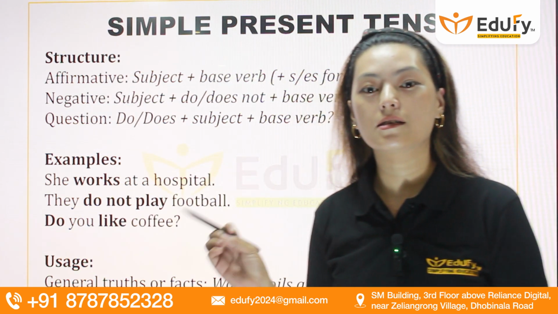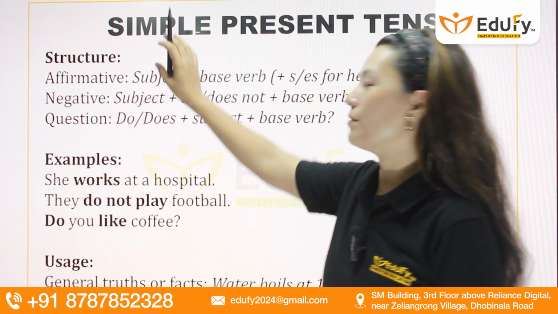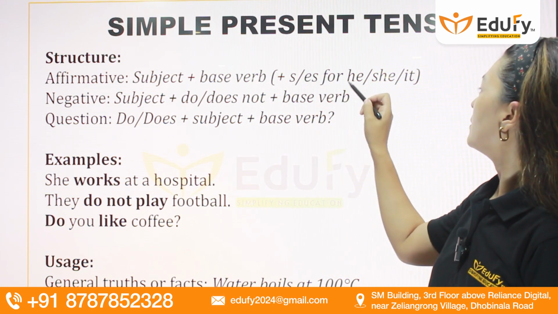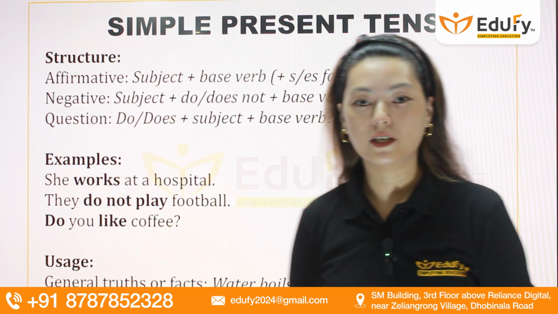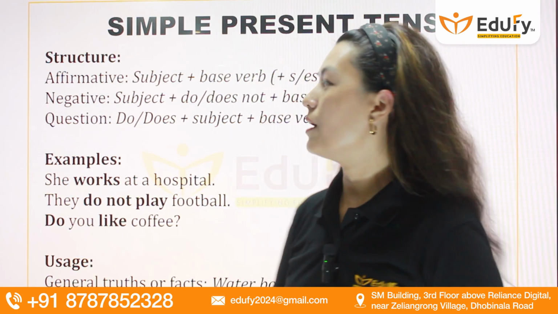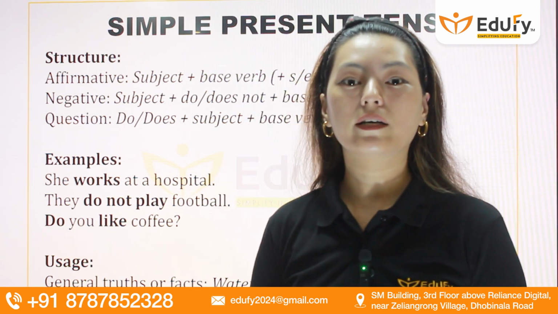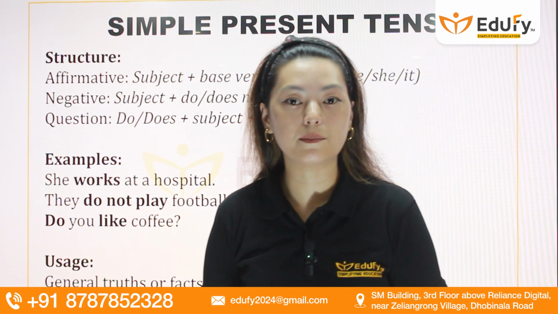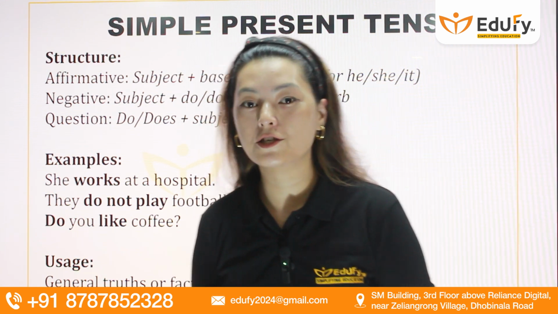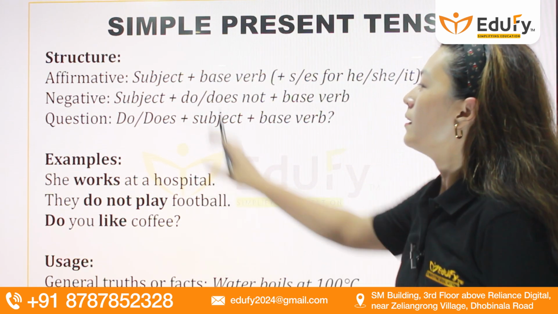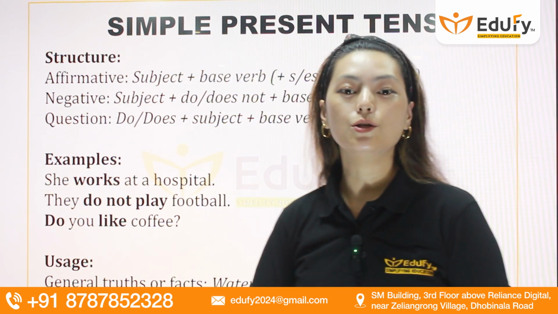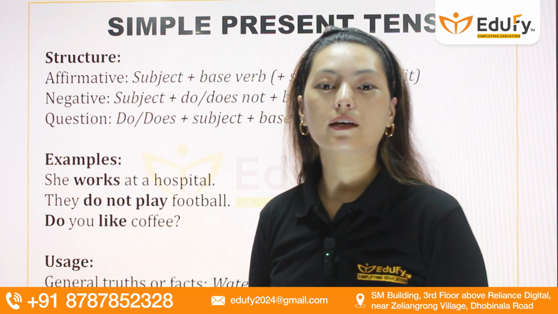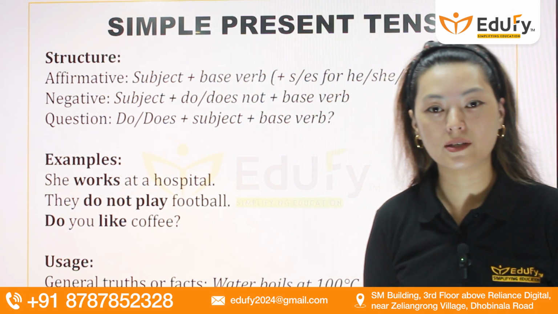If a sentence is affirmative, we may have a subject plus the base verb and the object in the sentence. Affirmative sentence means any type of statement that is positive in nature. We see that the base verb is used in this type of sentence. When we see this, we will identify them as the simple present tense.